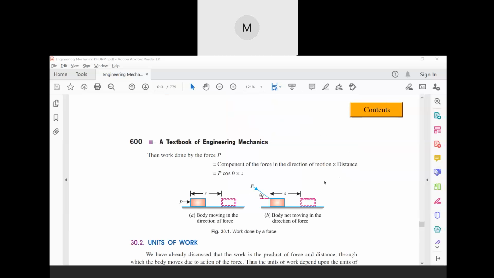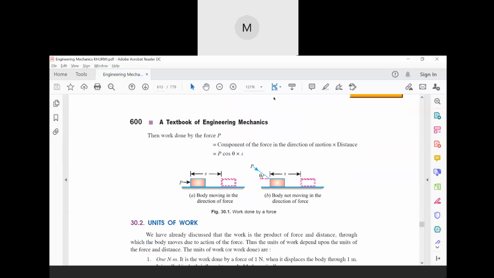Then you have to take the component. So what will you take here? Force into the distance that the body is moving.